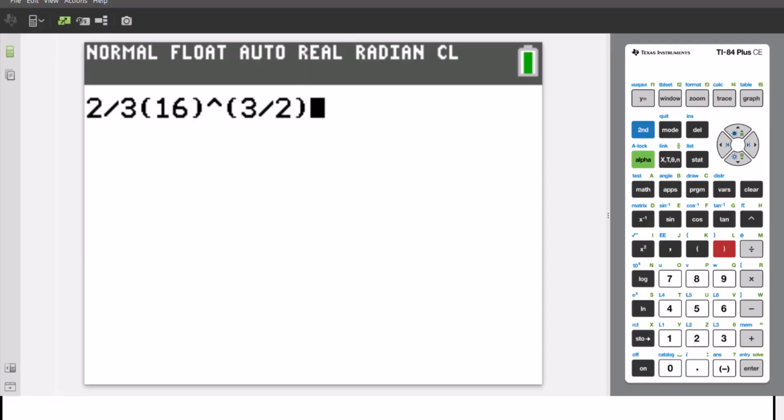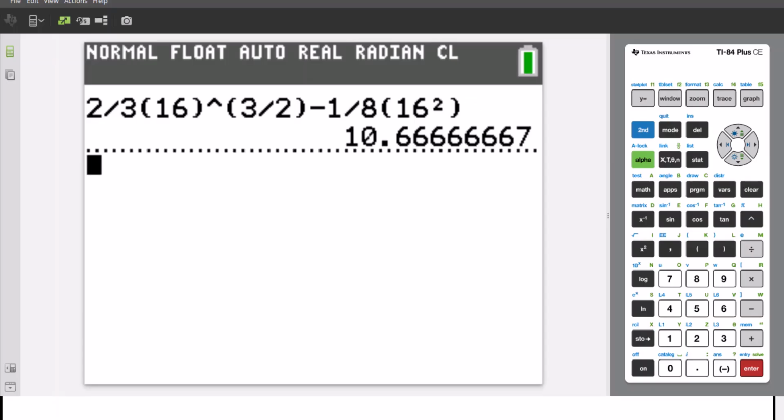If I don't put the parentheses, then the 16 will get cubed, and then the full answer so far will get divided by 2. But I don't want that. I just want the power to be 3/2, so that's why I'm putting the parentheses around the 3 over 2. The second part is 1/8 of 16 squared. So for that part, I'll just do 1/8 times 16 squared, and I'll just click enter.